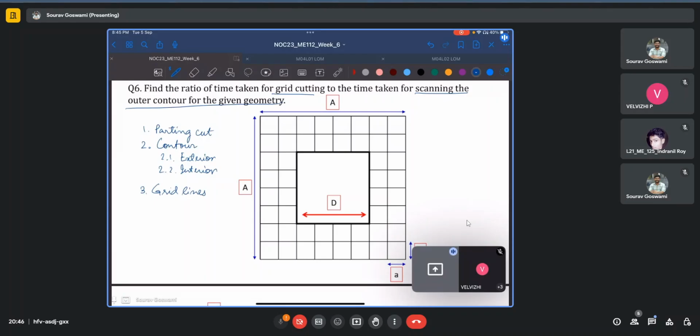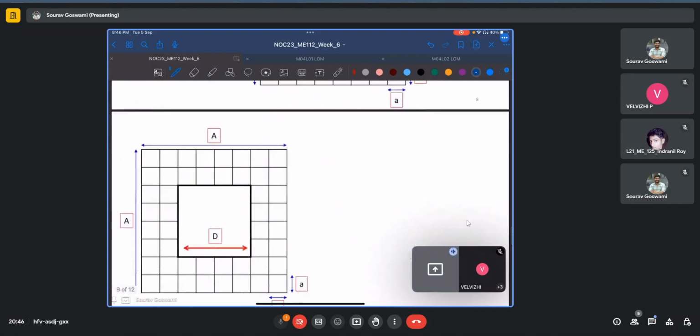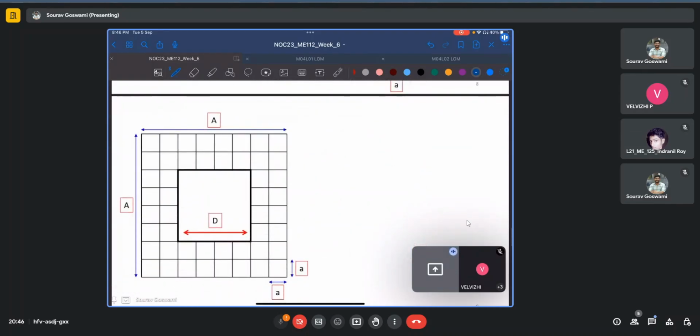To get an idea of the scales of these various processes, we have been asked to find the ratio of the contour cutting time and the grid cutting time for a given example. So let us go ahead. Let us find the time for cutting the grid first and denote it by TG.